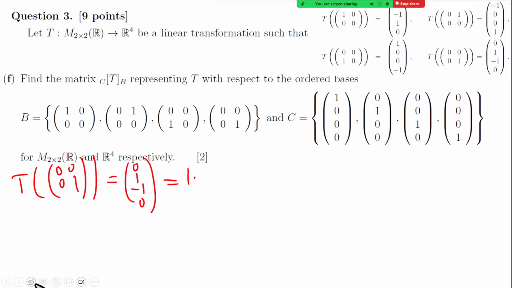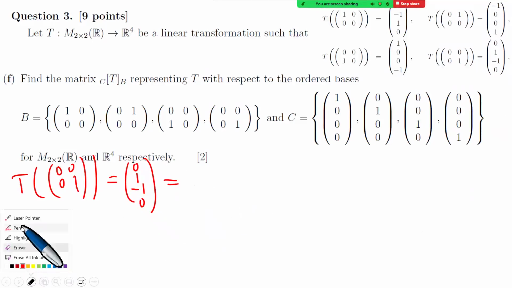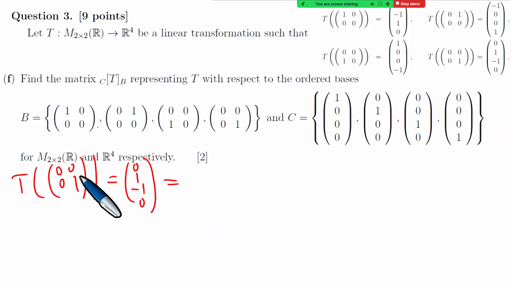And then we write it in terms of the variables. It doesn't matter what variables you use. I don't want to use A, B, C, D because we already had those.